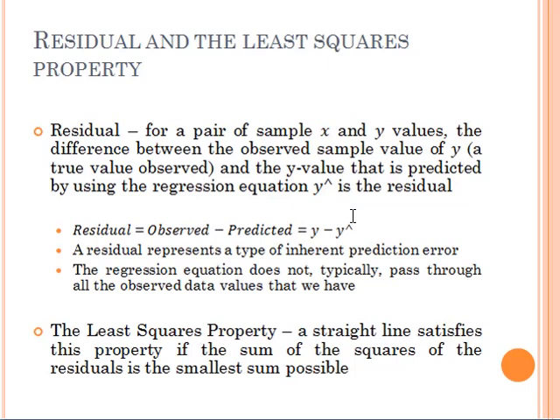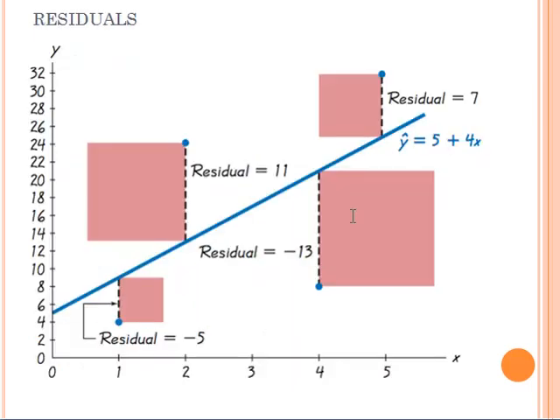The other thing is the least square property. A straight line satisfies the least square property if the sum of the squares of the residuals is the smallest sum possible. In this figure you can see that we have different data points and a regression line.